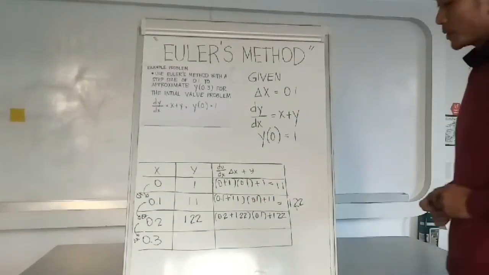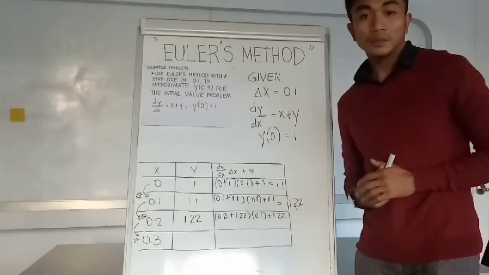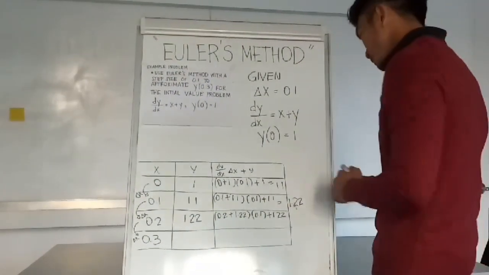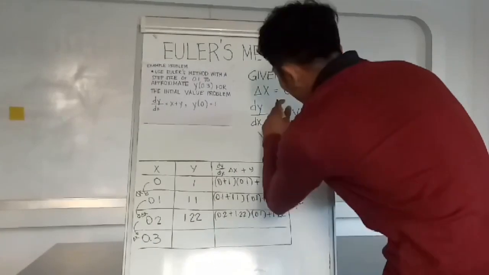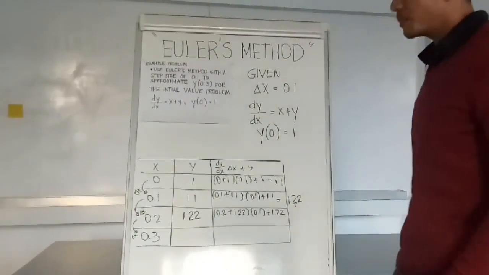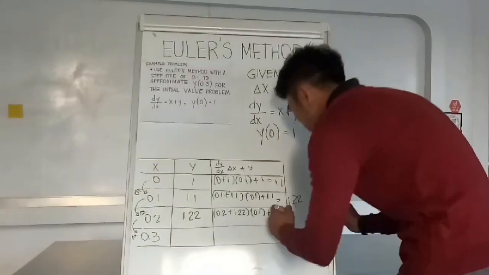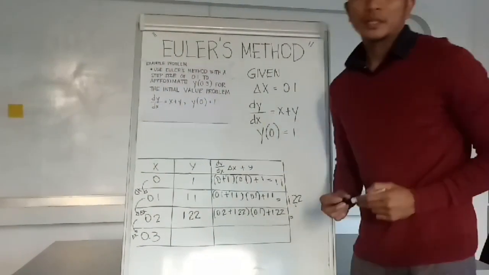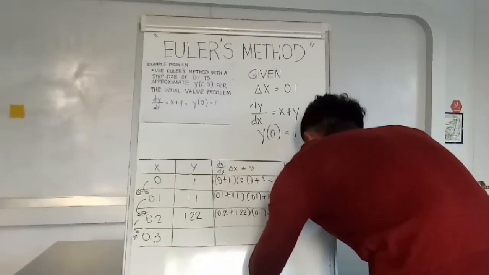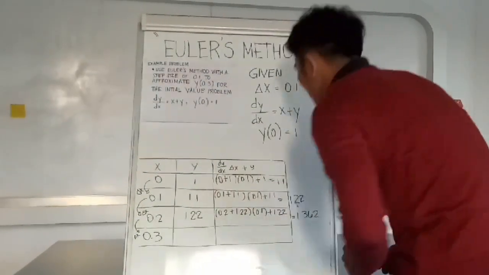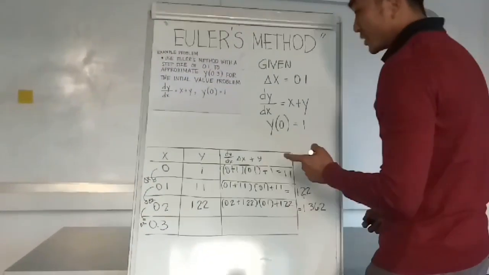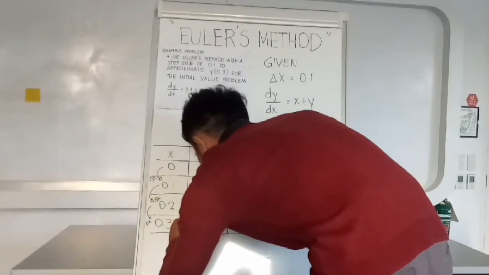So 0.2 plus 1.22 is 1.42, multiplied by the step size 0.1, plus the current value of y, 1.22, gives 1.362. And this is now your value of y when x is equal to 0.3.